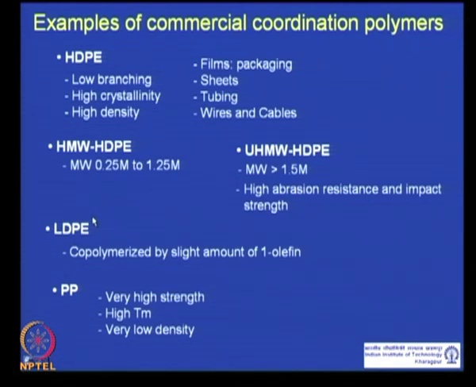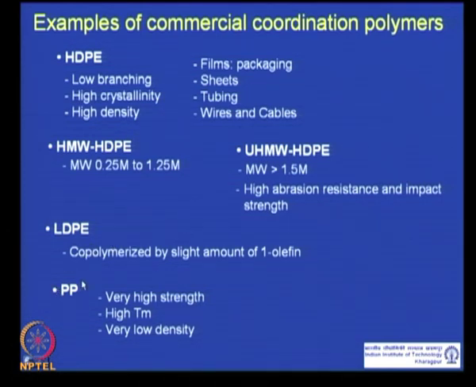You can make low density polyethylene as well by copolymerizing with a slight amount of an olefin such as 1-butene or 1-hexene along with ethylene, which will introduce short branches, reduce the crystallinity and reduce the density as well.